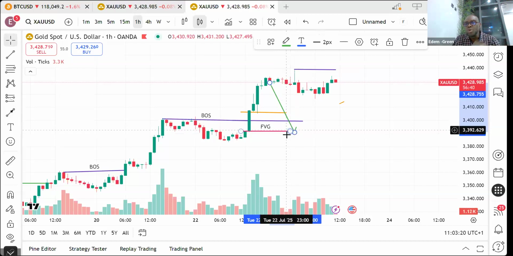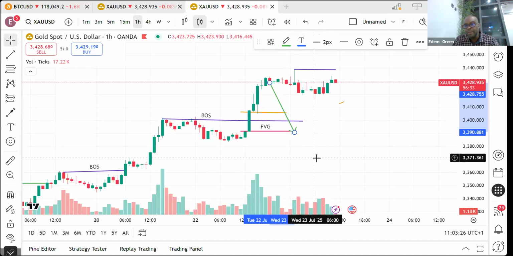It also signals that the whole market structure is going to change from an uptrend to a downward trend. So that is it. I don't know if you understand me.